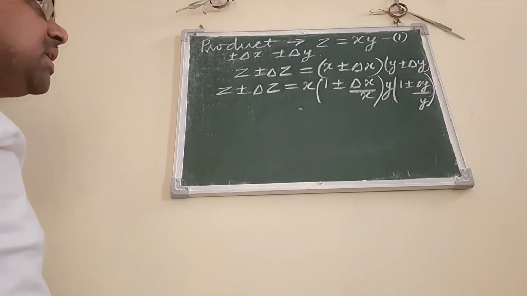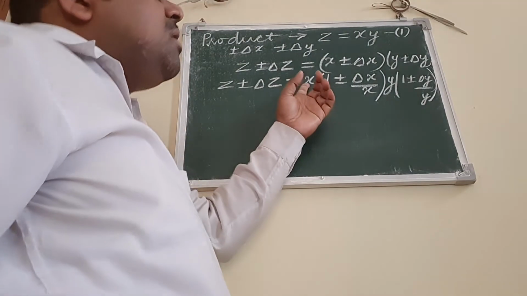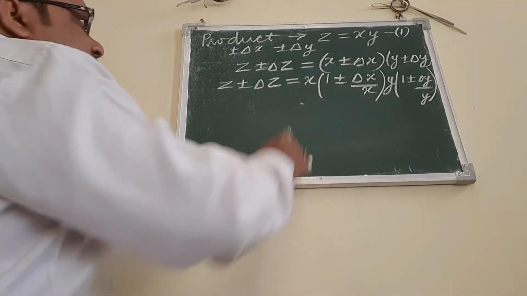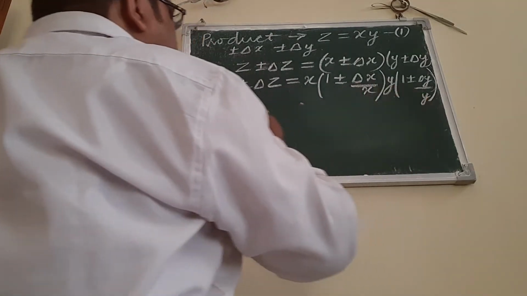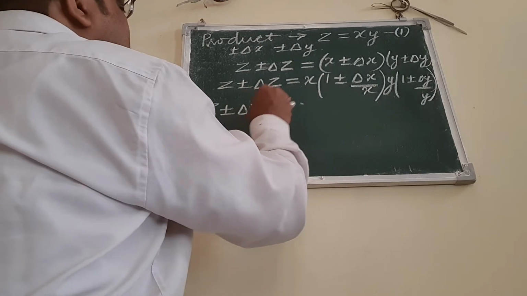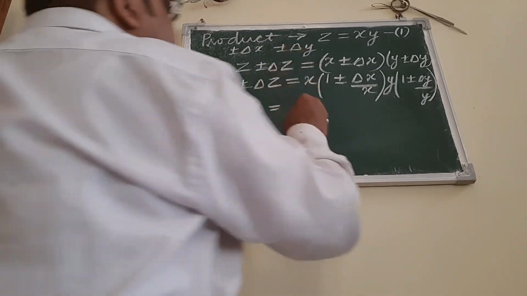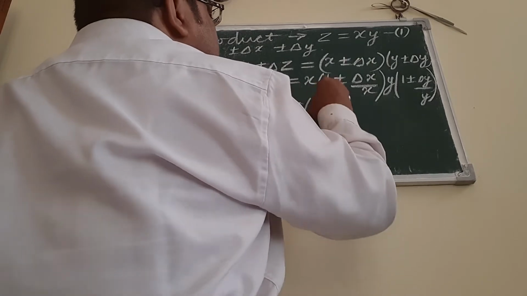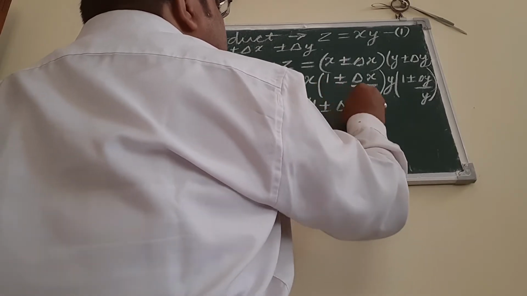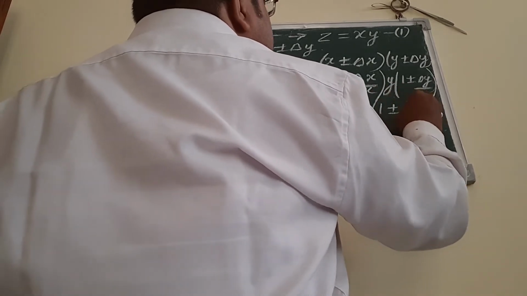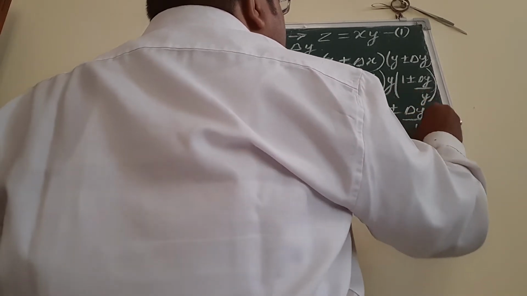So this is our expression. We have taken x common from the first bracket and y common from the second bracket, so we have to divide by x and y. Putting the value of xy from the first equation, x into y becomes z, so z times 1 plus minus delta x upon x times 1 plus minus delta y upon y.